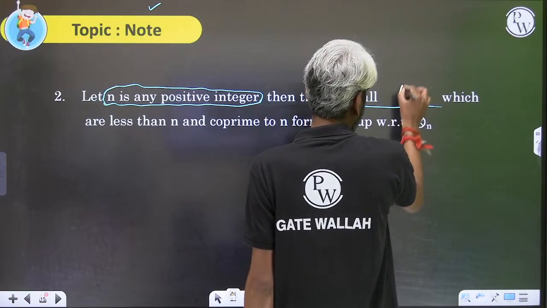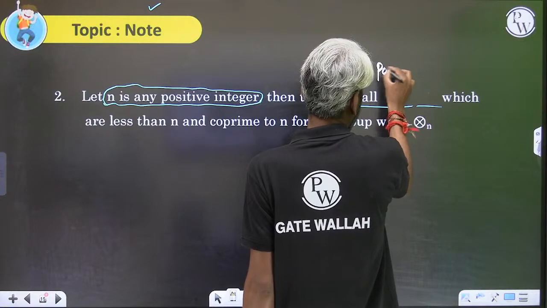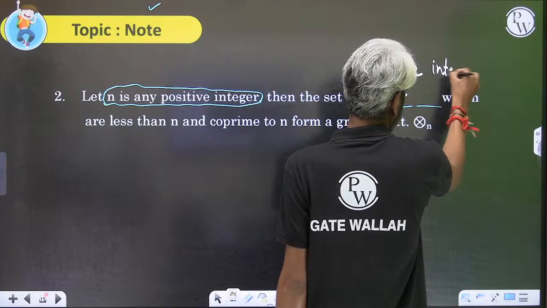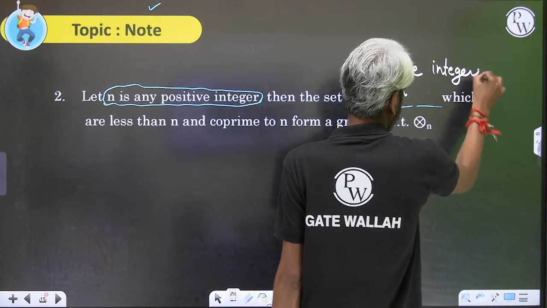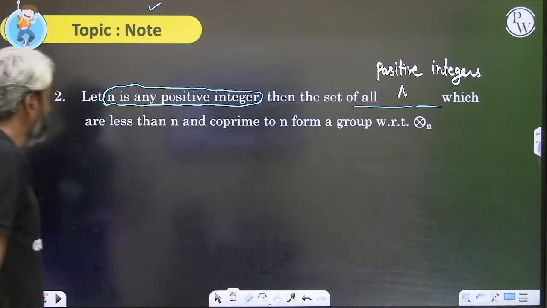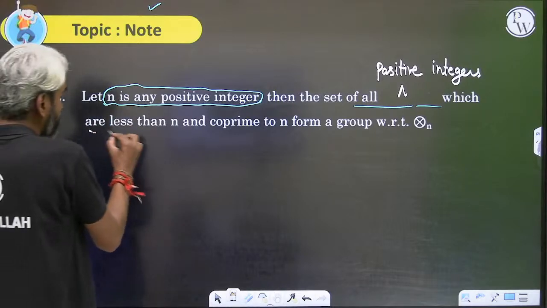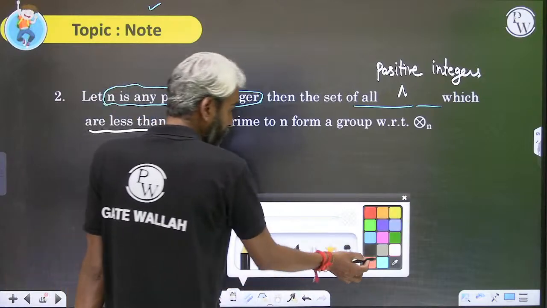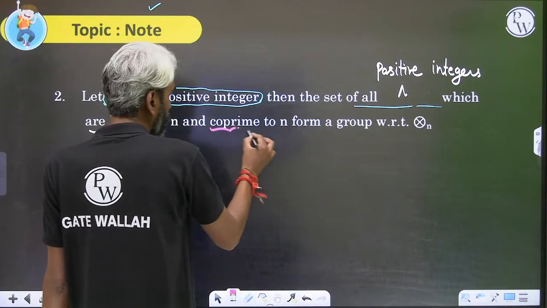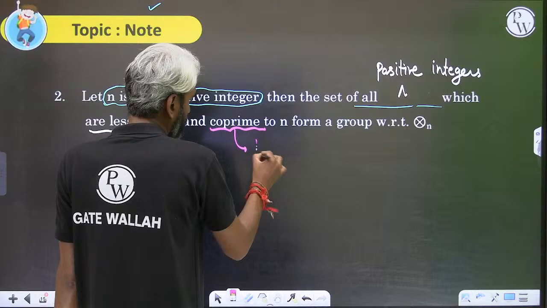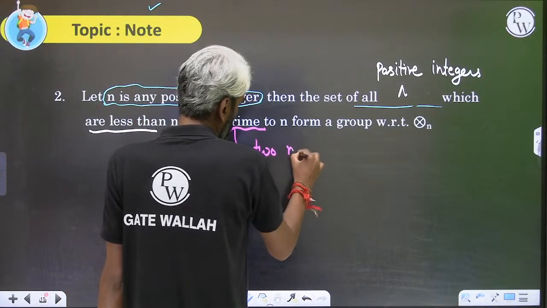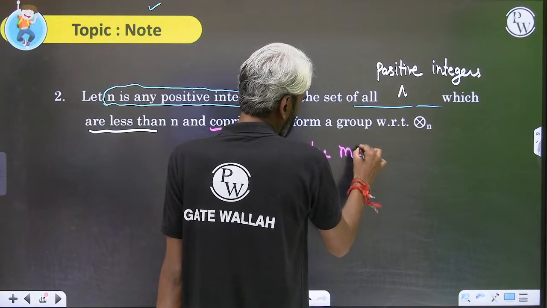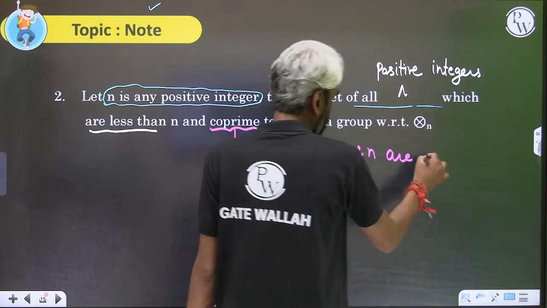The set of all positive integers such that those positive integers are less than n and co-prime to n. What do we mean by co-prime? Two numbers m and n are said to be co-prime.